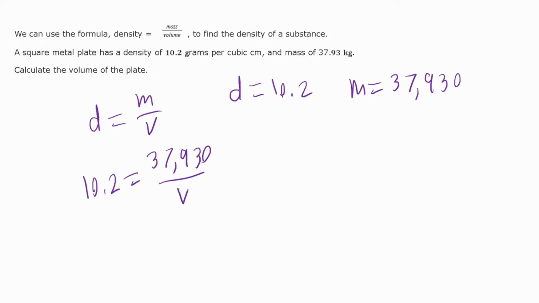37930 over my volume. And the way we could flip-flop this around is when we have a problem that's set up like this, where we have a constant equals a constant over a variable, we could flop my variable with that constant on the other side of the equal sign. So something like this. And we just solve that to get our answer, which is going to give us 37930 divided by 10.2.